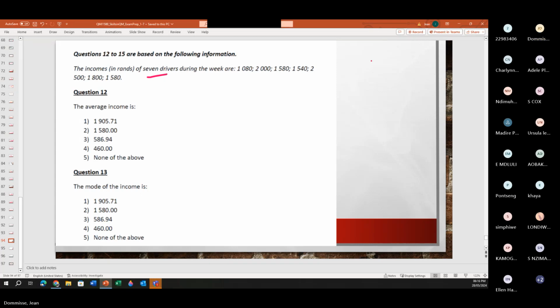So let's order it. Smallest is 1080. Then there's the 1580. Oh, there's a 1540 that I skipped. There's another 1580.